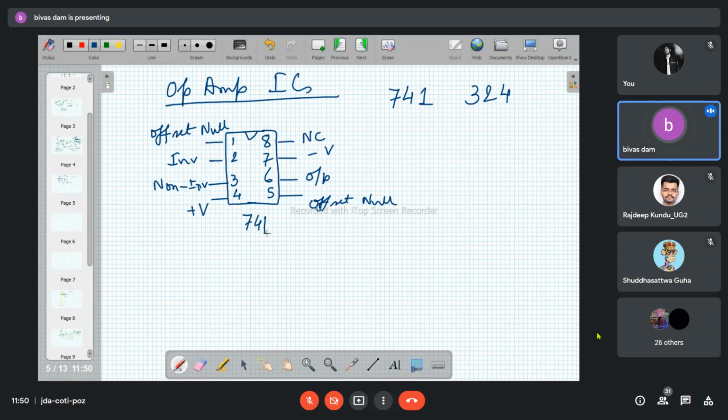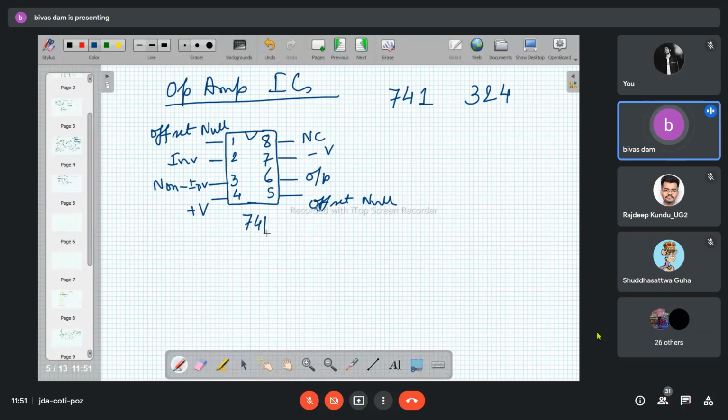That means there is a facility in IC 741 for nullifying the effect of the input offset voltage at the output. We have seen that due to improper level shifter stage, even if the input reference voltage becomes 0, the output may become a certain non-zero voltage.